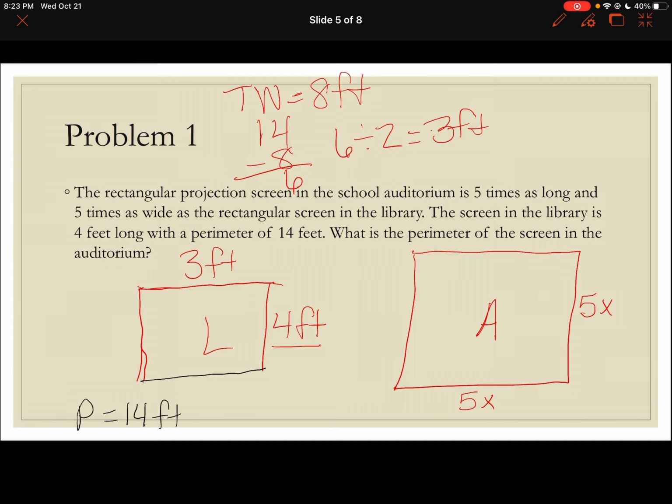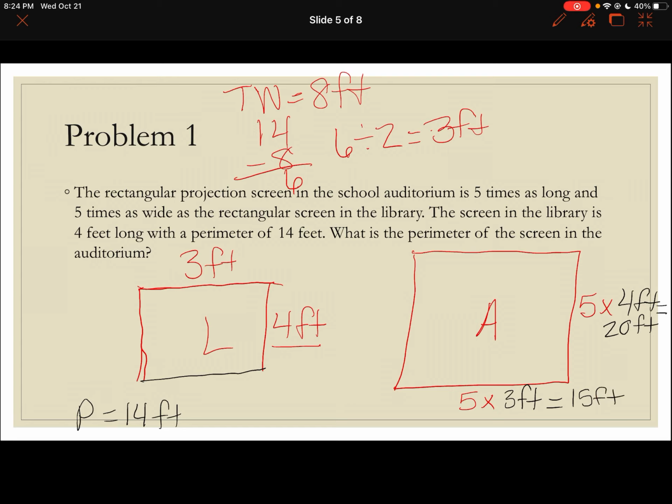Now for the auditorium screen, it says it's 5 times as big in length and width. So we already put our 5 times here, and now that we know our numbers of length and width for the library screen, we can apply that to the auditorium. So 5 times the length, so 5 times 4 feet, and 5 times the width, which is 5 times 3 feet, and you'll get 15 here and 20 here. 20 feet and 15 feet.